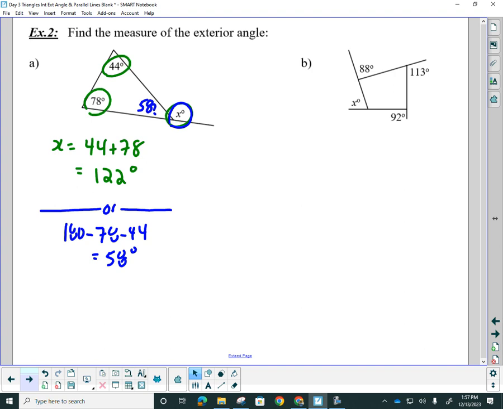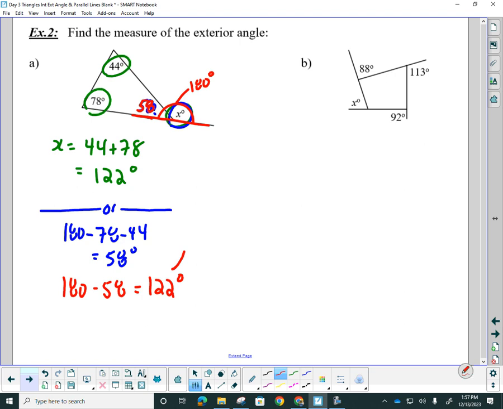Now I could look and see that I've got a straight line here. And if you remember your properties of straight lines, this angle plus this angle must add up to 180. A straight line is 180 degrees. So I could say, well, if this one is 58, then I could go 180 minus 58, and that equals 122. And so this angle must be 122.